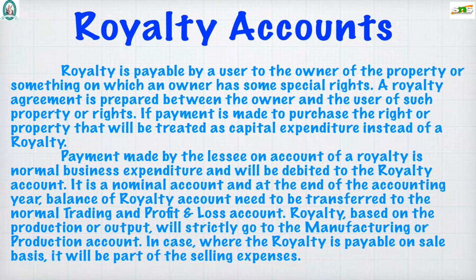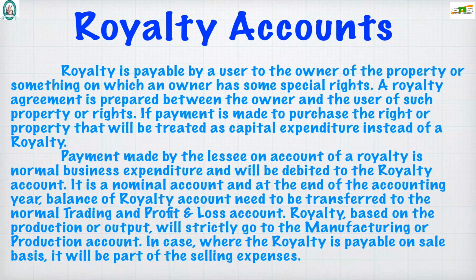Royalty based on production or output will strictly go to the manufacturing or production account. In case the royalty is payable on sale basis, it will be part of the selling expenses. So royalty comes when a person leases a property.